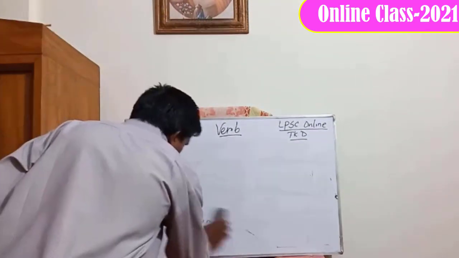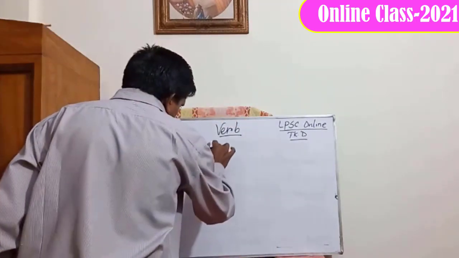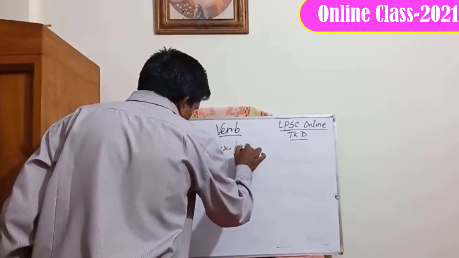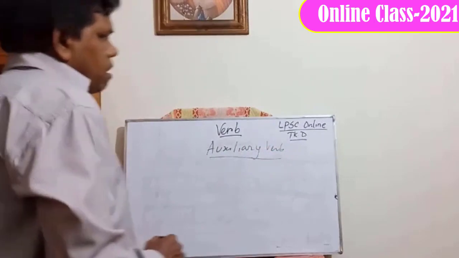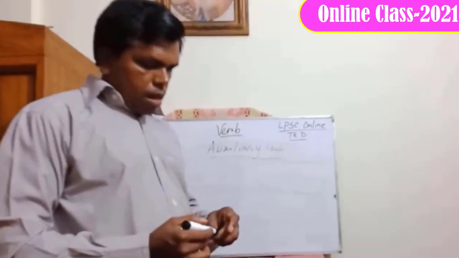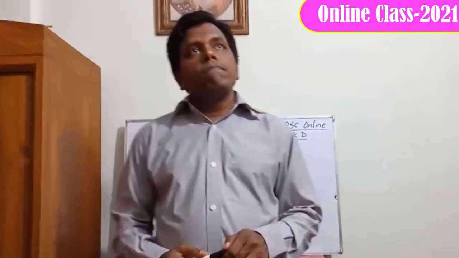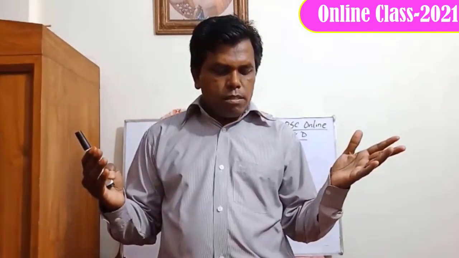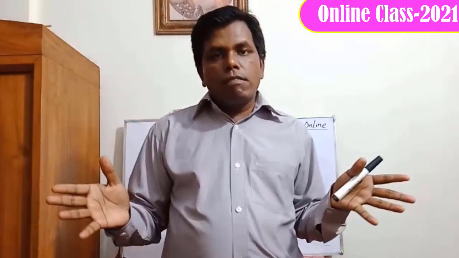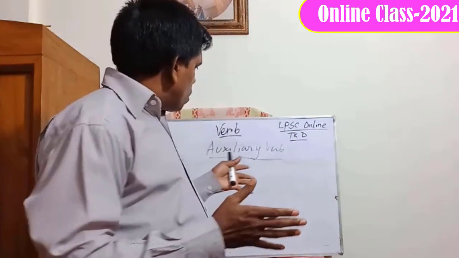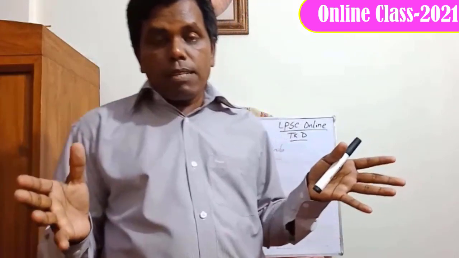Now we will see the auxiliary verb. What is an auxiliary verb? I told you before, an auxiliary verb is a verb which has no meaning of its own and can't complete a sentence.